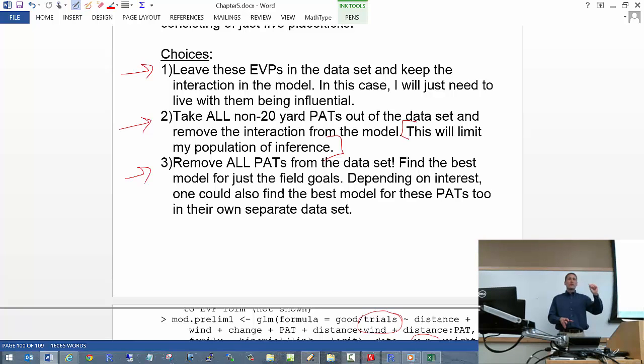So those are the three options. In order of preference for me: number 2, number 3, number 1. When I was in grad school, I chose number 2. I still think that's the best choice here. My co-author in my book has a little bit of a preference for number 3 over number 2.